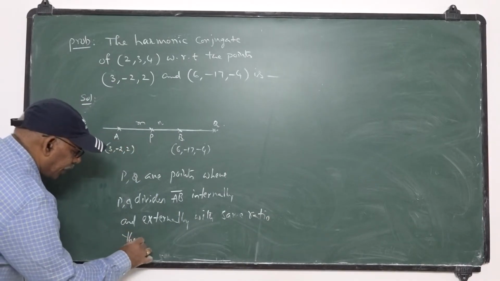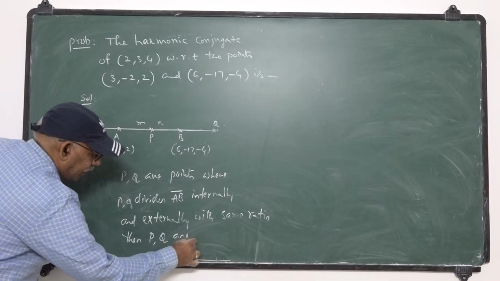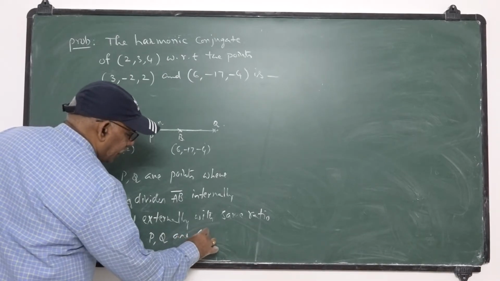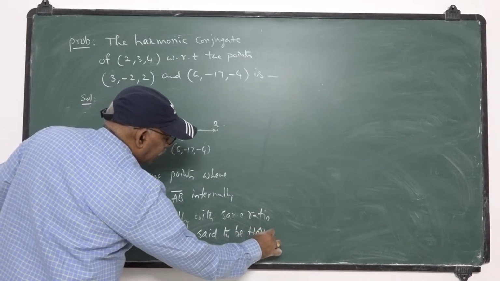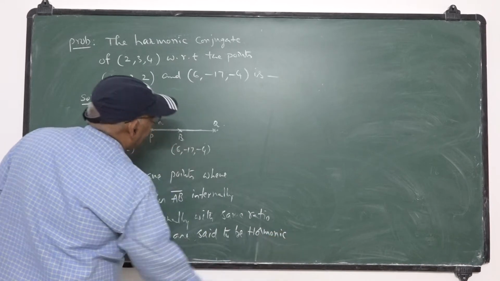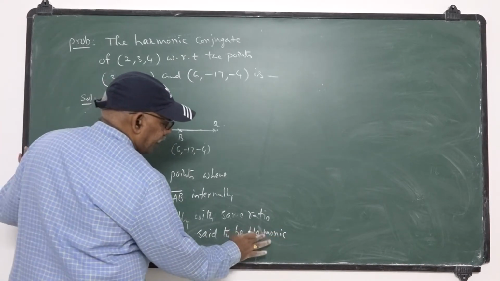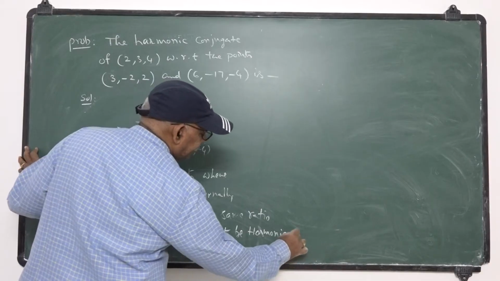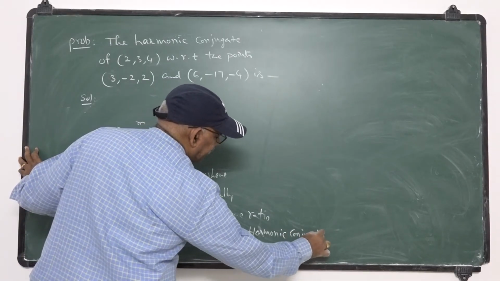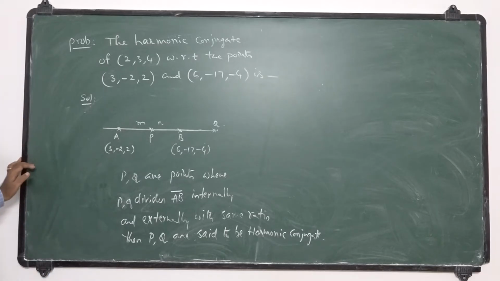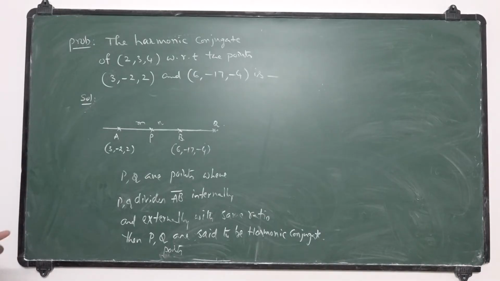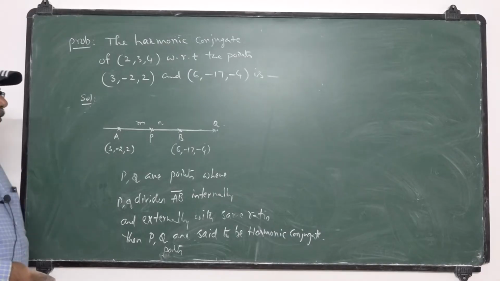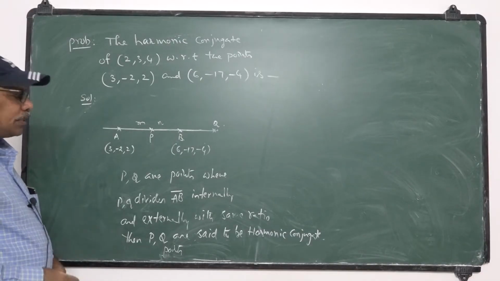Then P, Q are said to be harmonic conjugate points. This is the definition of harmonic conjugate points. The points which divide the line segment internally and externally with the same ratio are called harmonic conjugate points. That is the concept.